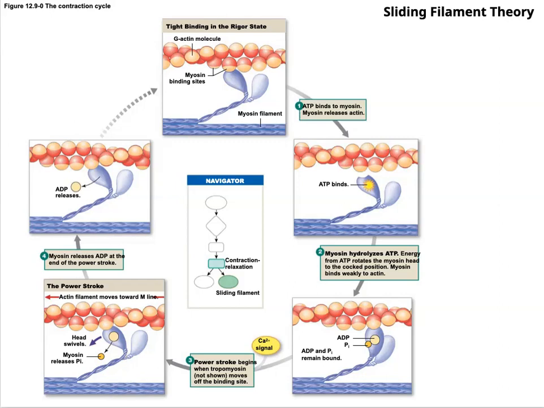And then following this, the myosin releases ADP. So first it releases phosphate, then it releases ADP as well. Okay, so myosin release of ADP causes the myosin head to again tightly bind to the actin filament and to return to the rigor state.